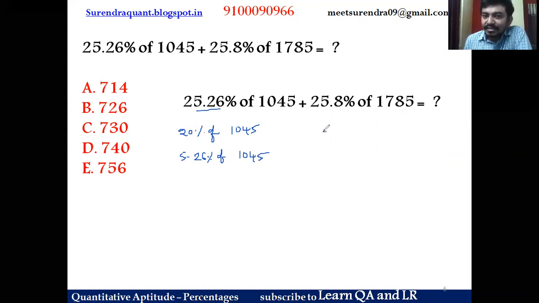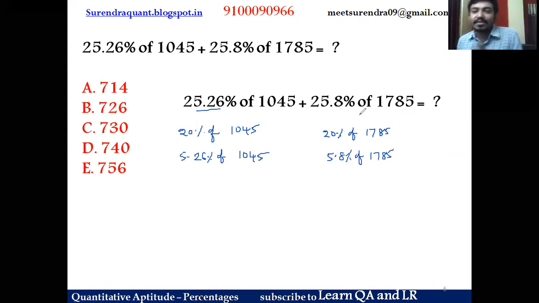What about this? This is 20% of 1785 and 5.8% of 1785. Somebody can split it as 25% plus 0.8%, but 0.8% of 1785 is not that simple to calculate. So better to convert to 20% and 5.8%.